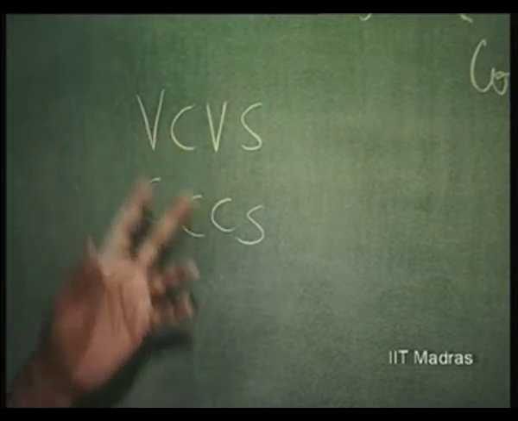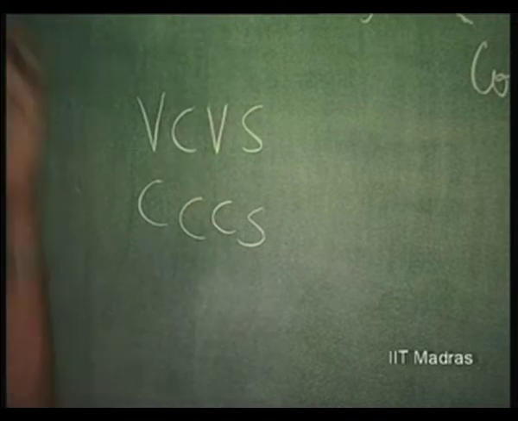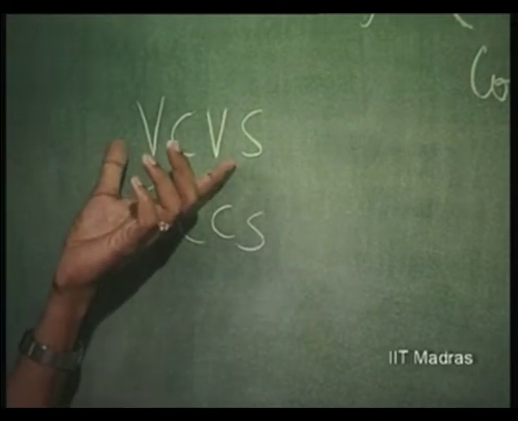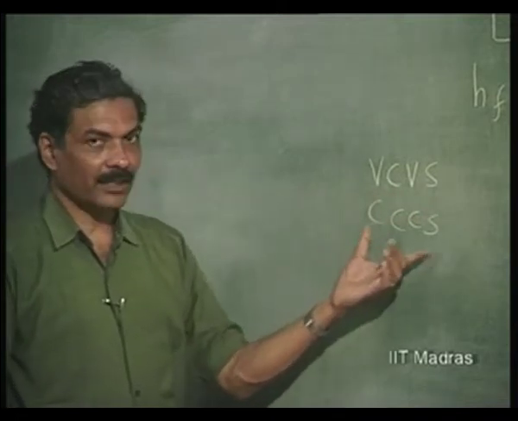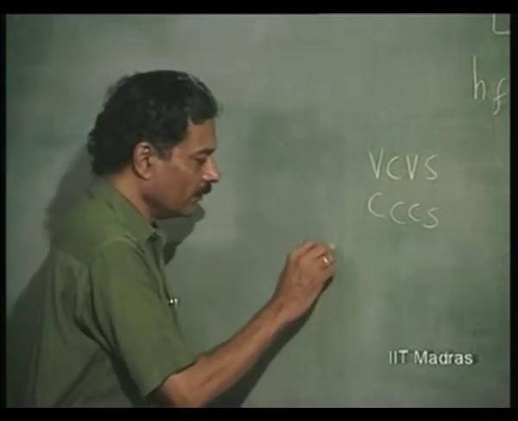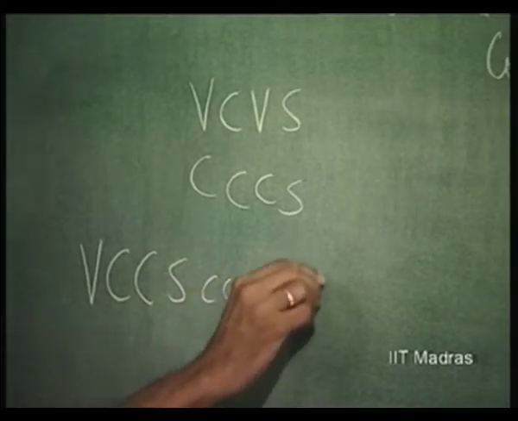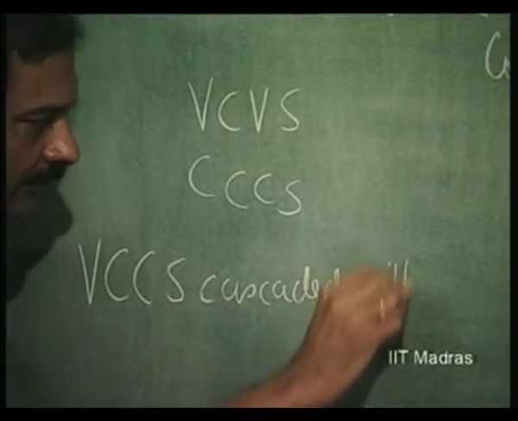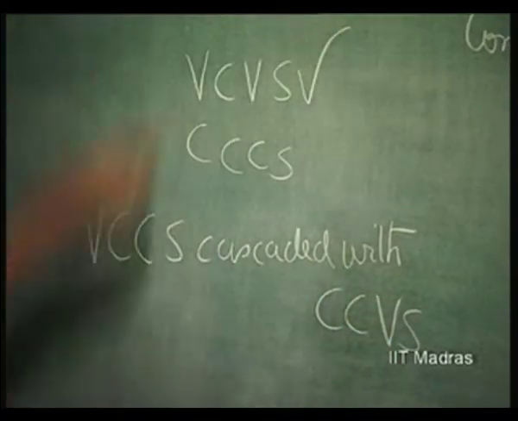These are not really basic sources, as I had mentioned in the first part of my lecture, right. You can obtain a voltage controlled voltage source and a current controlled current source by cascading. A voltage controlled current source cascaded with a current controlled voltage source will give you a voltage controlled voltage source.